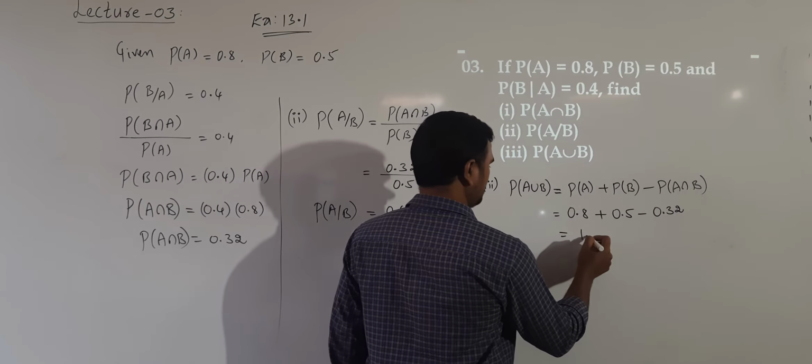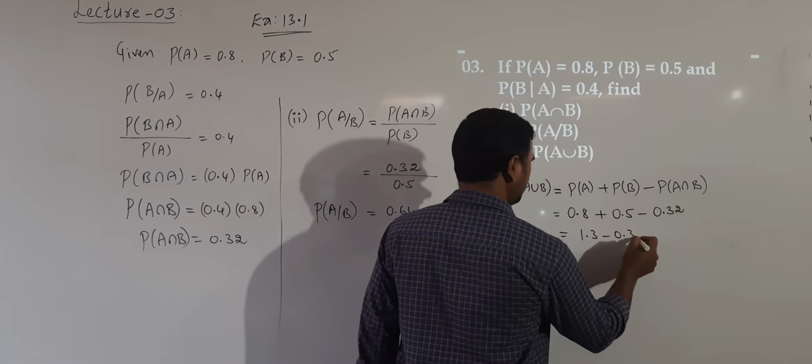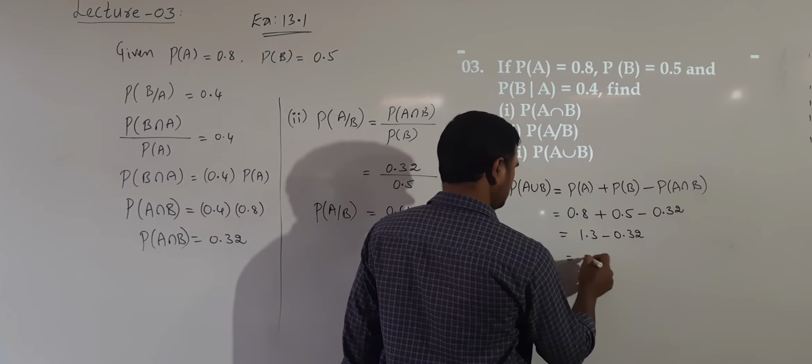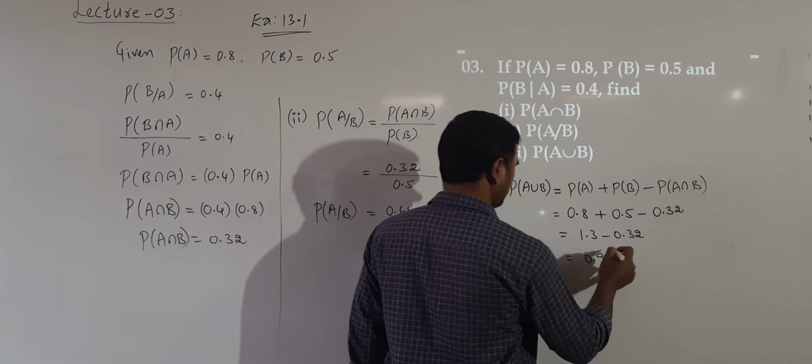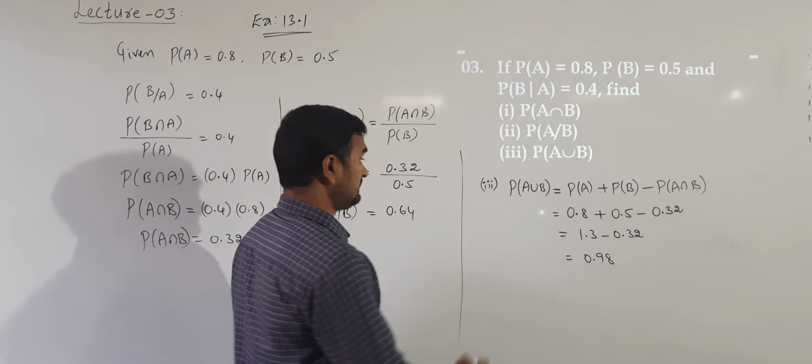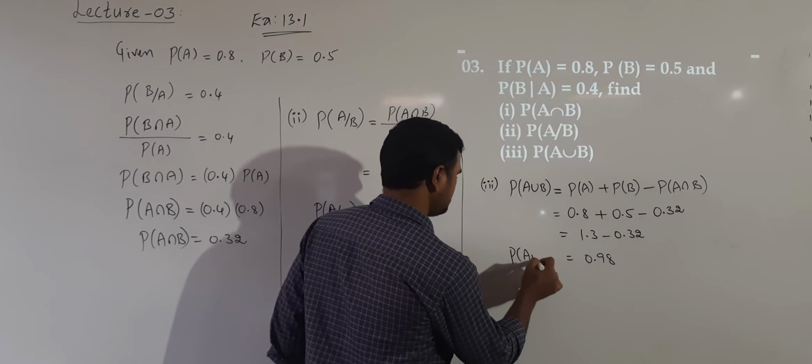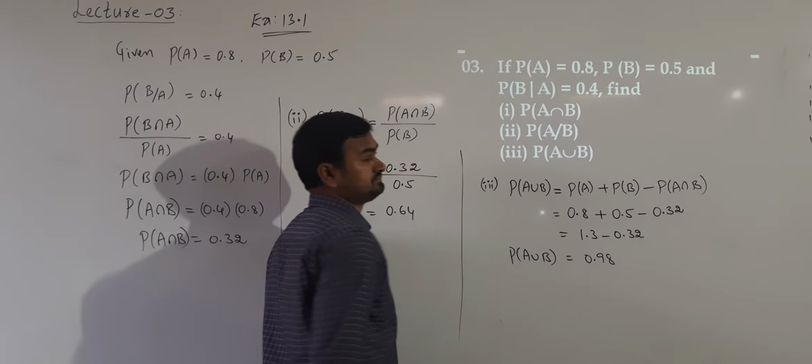Simplify. This is 1.3 minus 0.32, which is 0.98. So required P of A union B is 0.98.